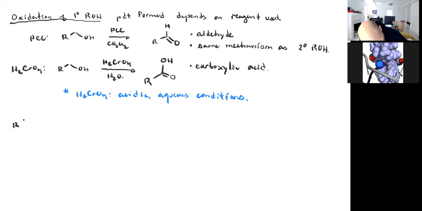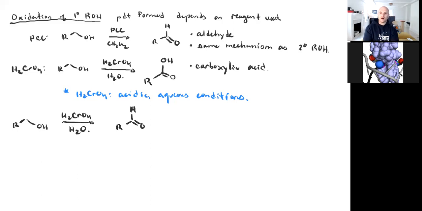And this is the exact same mechanism as what we saw for the secondary alcohol oxidation, but this is where the difference comes in. It doesn't stop here. So you form an aldehyde.